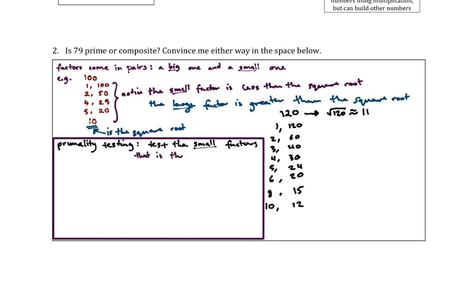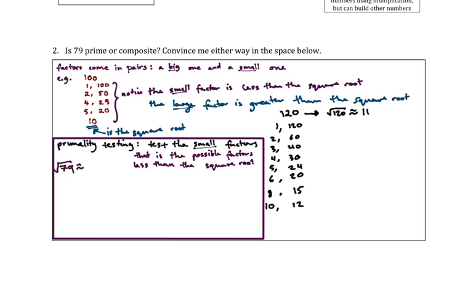That is, the possible factors less than the square root. Okay? So that's what we're going to be looking at. We're going to see if there are any factors less than the square root of 79, because factors come in pairs. So we don't need to test all the numbers, we just need to test the smaller factors, the ones less than the square root.